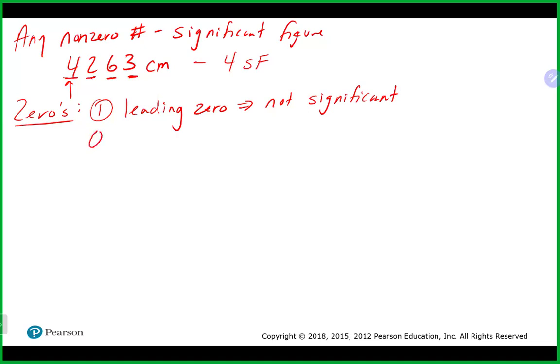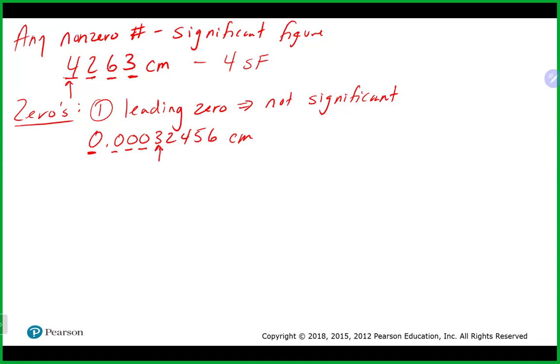So if we have 0.0003245, once again, we'll throw some units if we want. If we look at this number, we're going to go left to right. And again, we're not going to start counting until we hit a non-zero because we know that is going to be a significant figure. So that is a 0, not significant, not significant, not significant, not significant.